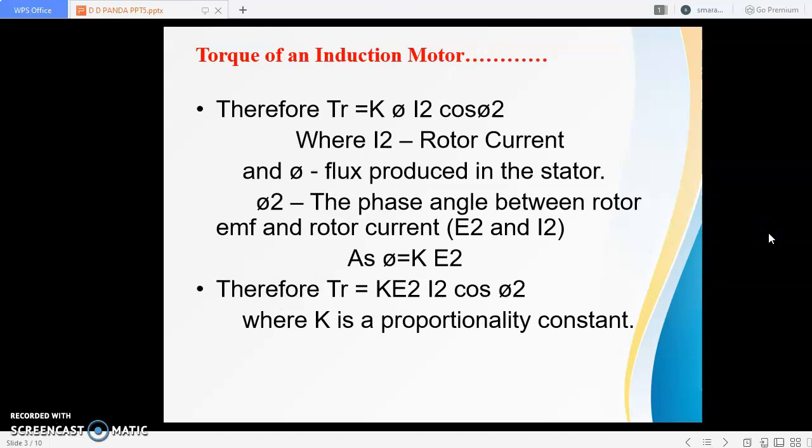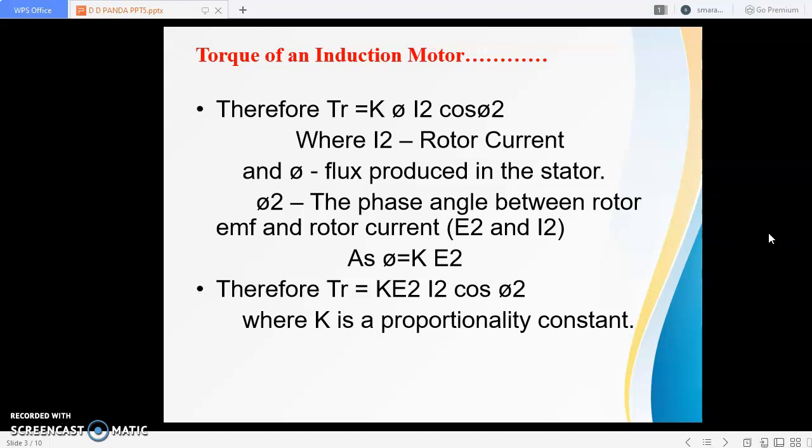Therefore the torque of an induction motor, TR equals K into phi into I2 into cos phi 2, where I2 is the rotor current and phi is the flux produced in the stator.